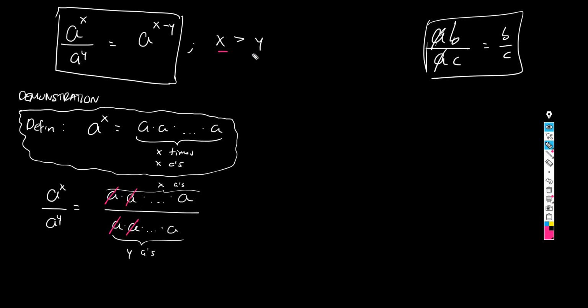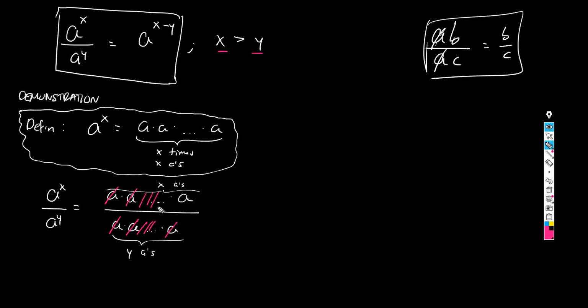Remember, x is greater than y. So I have more a's in here than I have a's in here. So I'm going to be canceling first with first, second with second, third with third, fourth with fourth, fifth with fifth, and so on.